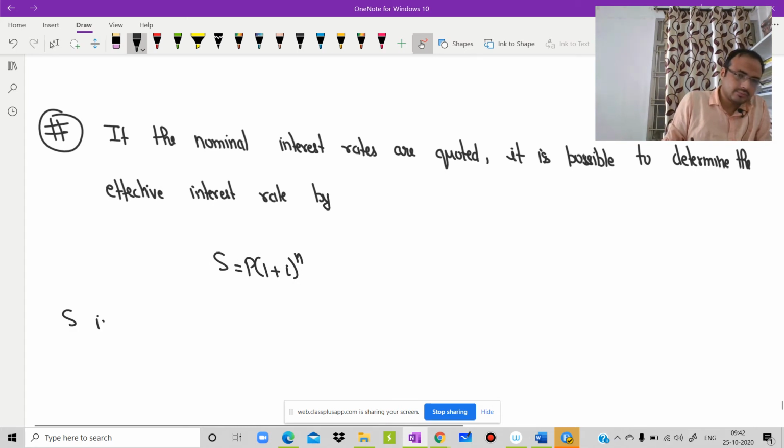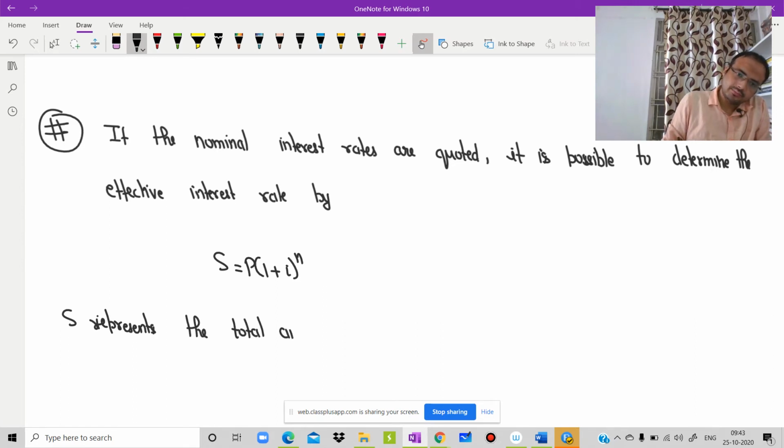where S represents the total amount of principal plus interest.